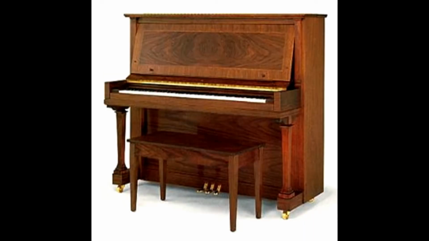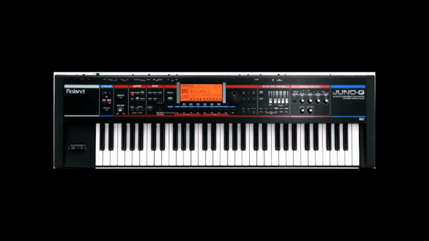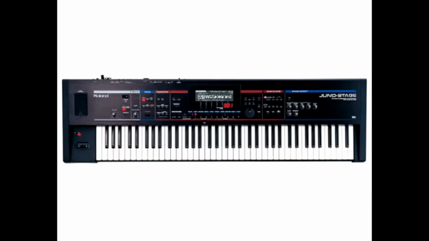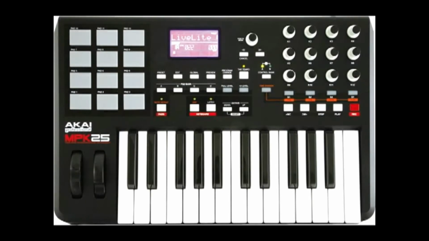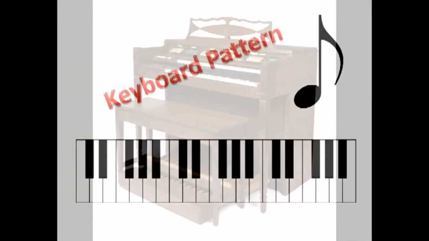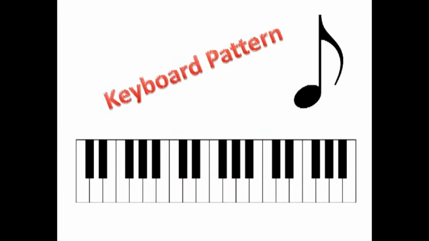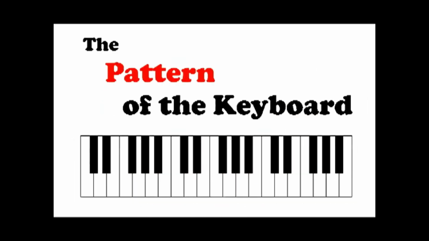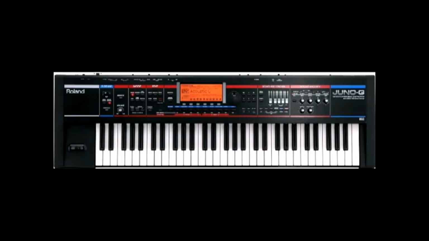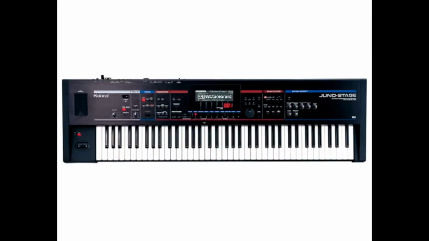Keyboards come in all sizes, from the standard 88-note piano to 61-key keyboards, 49 and 76 keys, small 25-key controller keyboards, to organs that have 2 keyboards. The one thing they have in common is that they all have the same pattern.